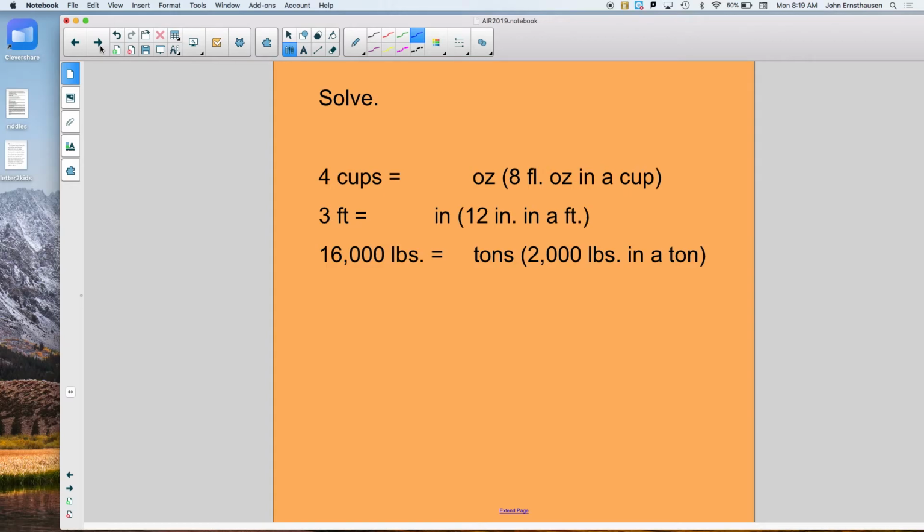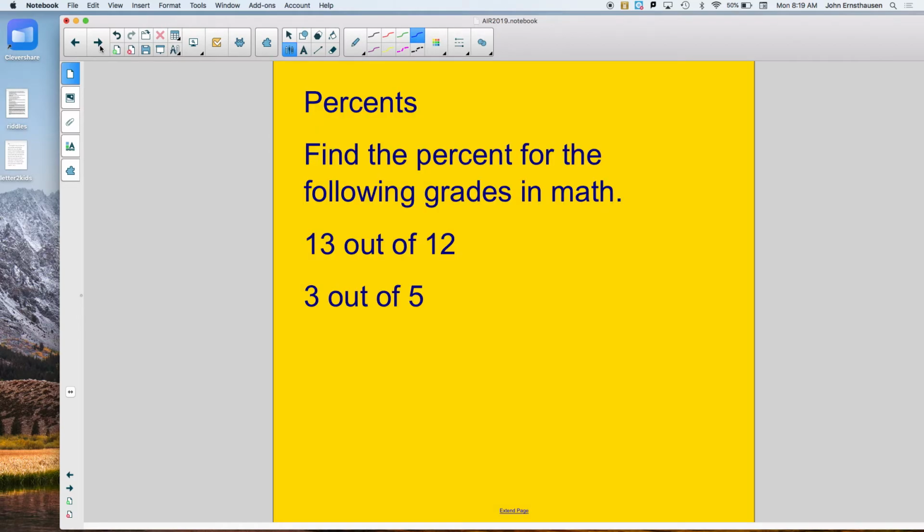Okay, first one should have been 32. Horse to fly, multiply. Horse to fly, multiply. Fly to horse, divide of course. 32, 36, and 8. Alright.